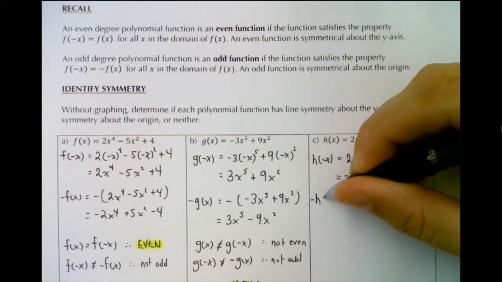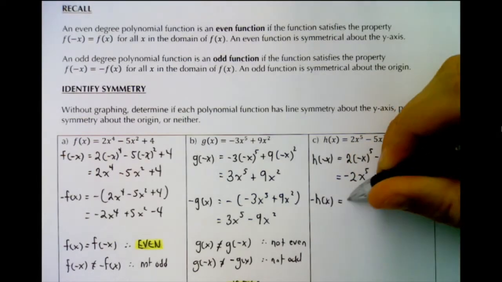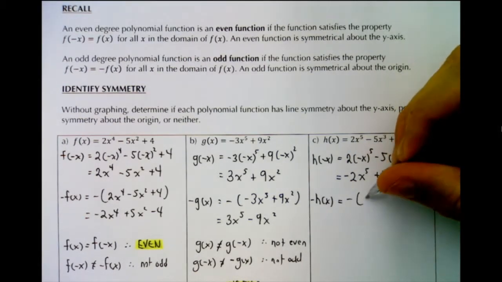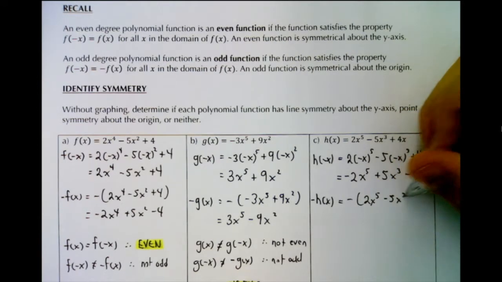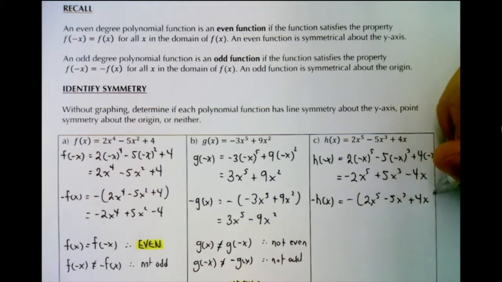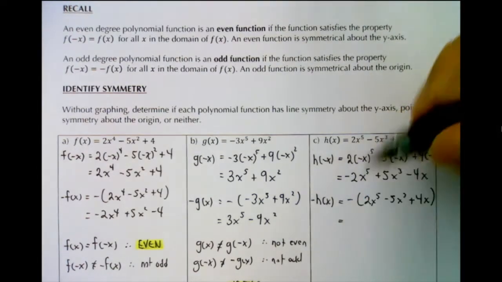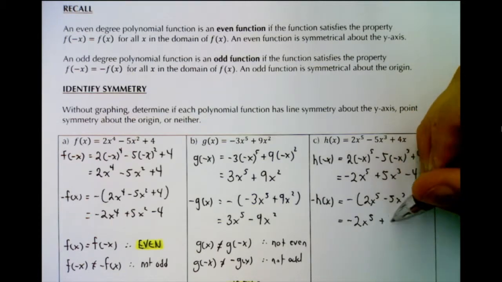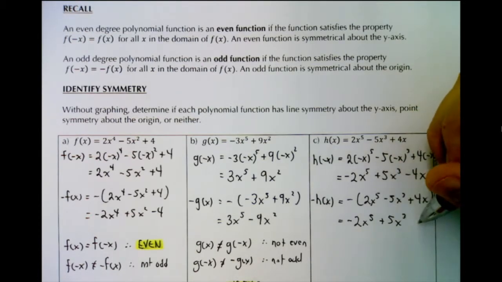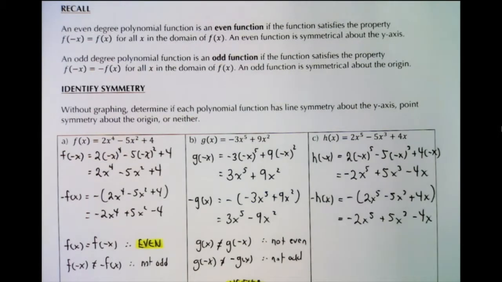If we look at negative h of x, that means take the whole function and multiply it by negative 1. The result here is that each of the term signs is going to change. And each of the term signs changing was the exact same thing that happened up here when we inserted negative x in place of x.